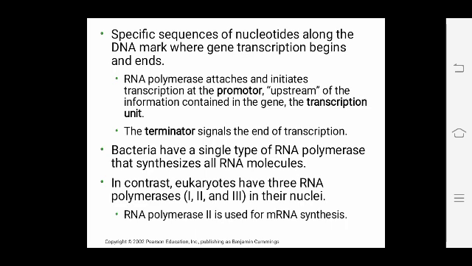Bacteria have a single type of RNA polymerase that synthesizes all RNA molecules. In contrast, eukaryotes have three RNA polymerases, 1, 2, and 3, in their nuclei. The important one in mRNA synthesis is RNA polymerase 2, which is used for mRNA synthesis.